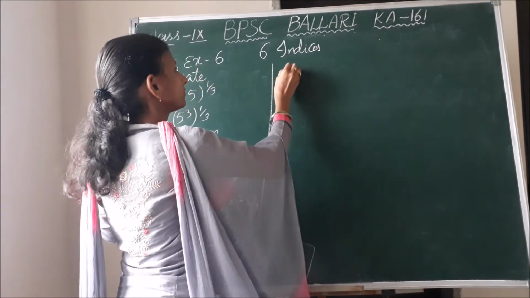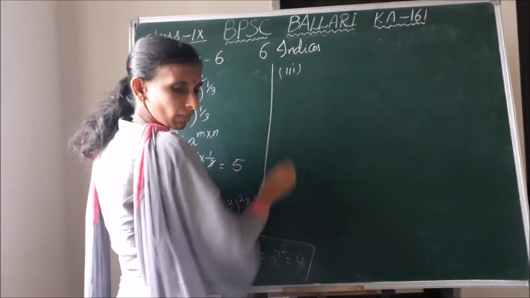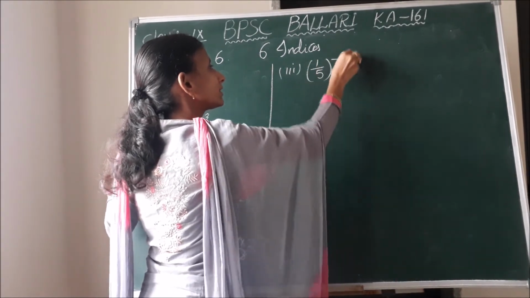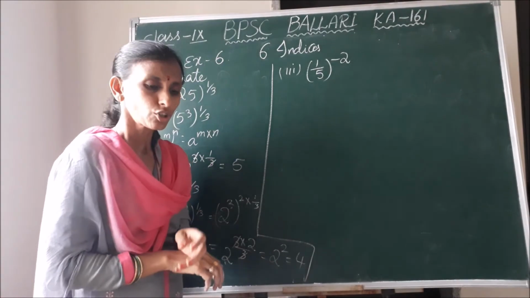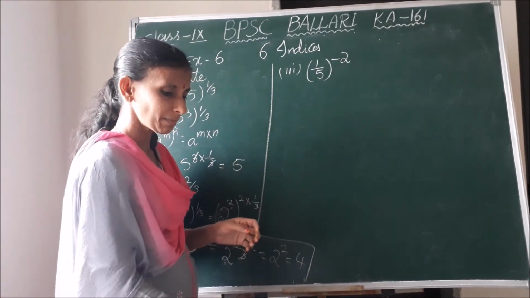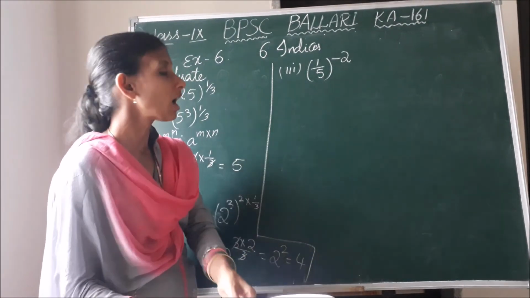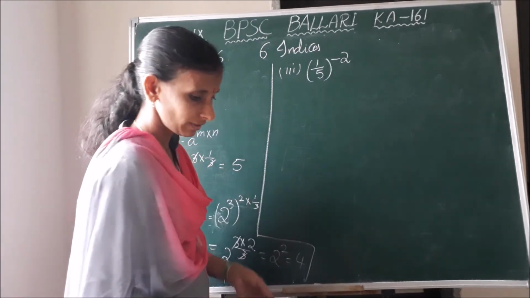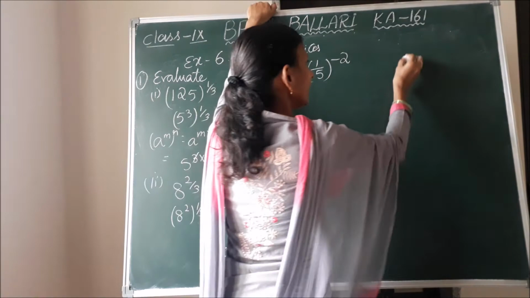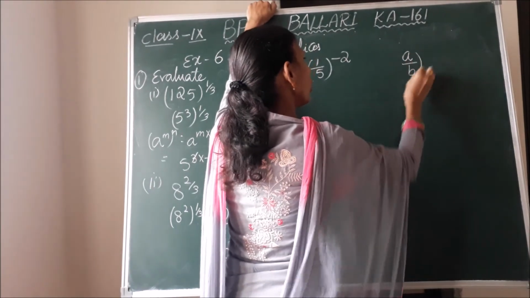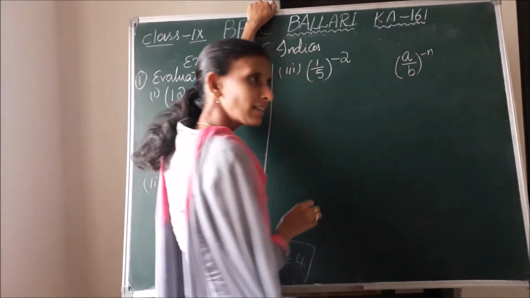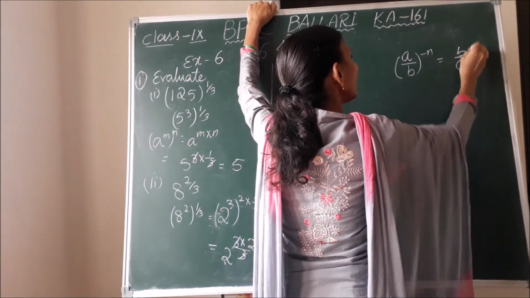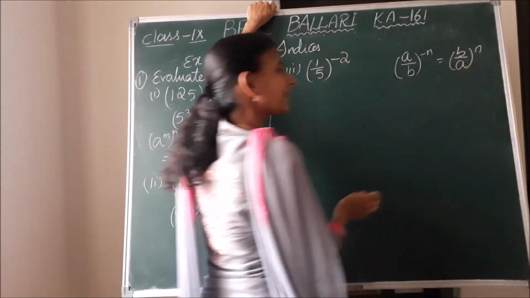So next, 1 by 5 whole power minus 2. So here you see, here the power is negative. So how do we write this negative one? See, here we have one formula like a by b whole power minus n equals to b by a whole power n.